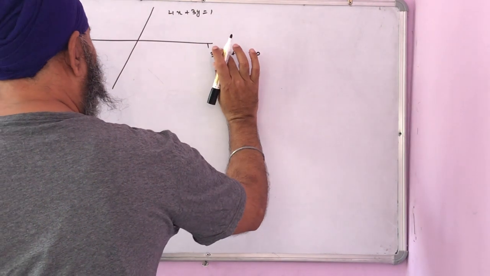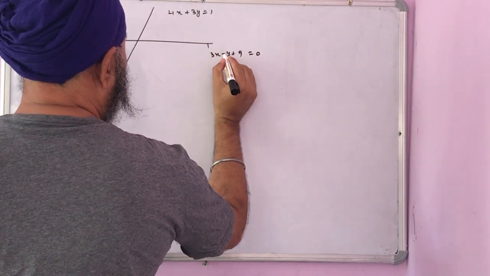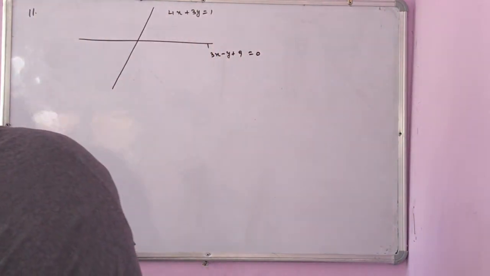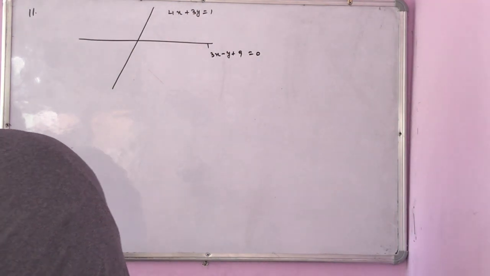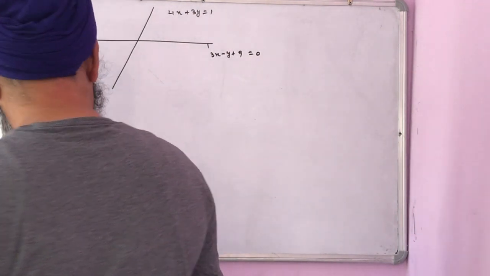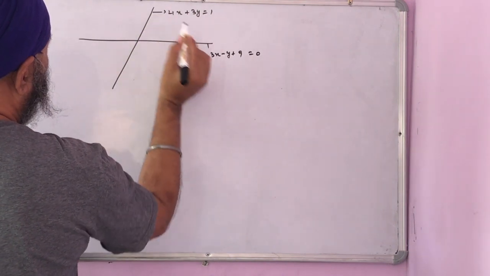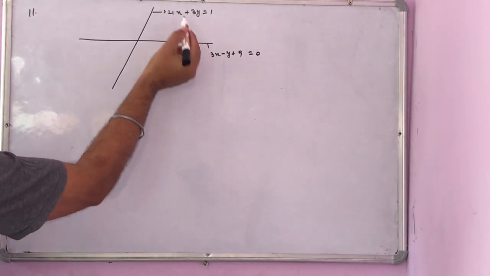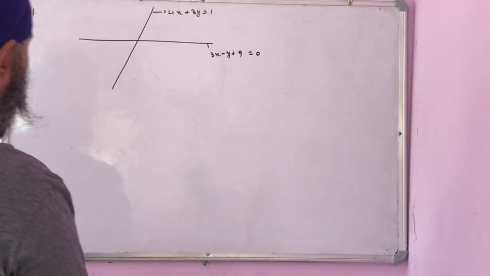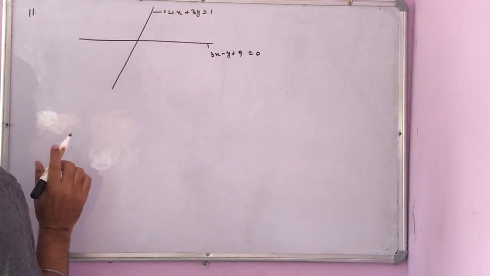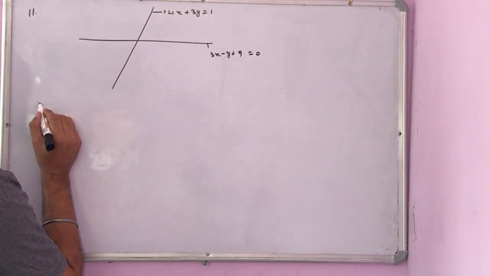Now I have to find the point of intersection of these two lines. The equations of these two lines are given. So how do I find the point of intersection?